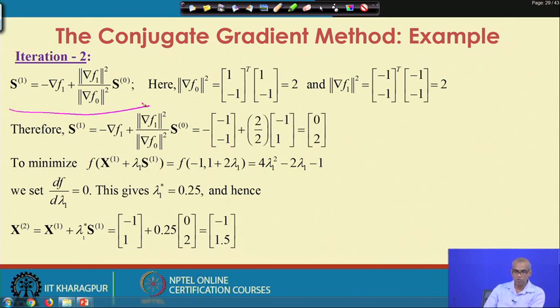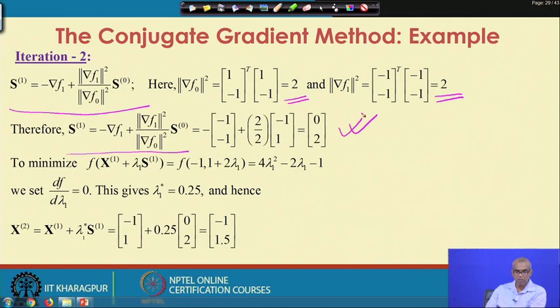Let us first find the norm square of the gradient of f at x 0 and the norm square of the gradient of f at x 1, which are obtained as 2 and 2. So, you can now find the search direction at x 1, which is obtained as (0, 2).